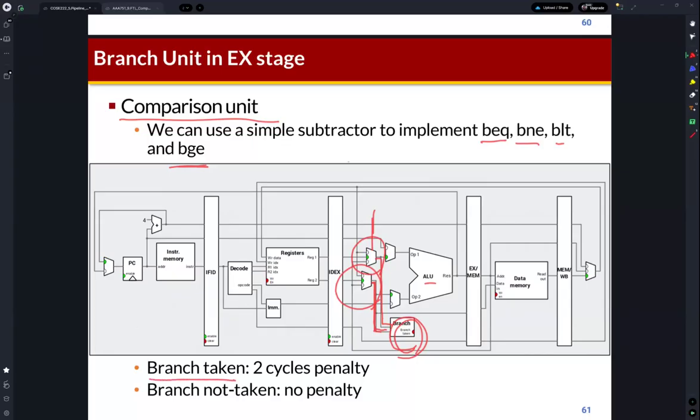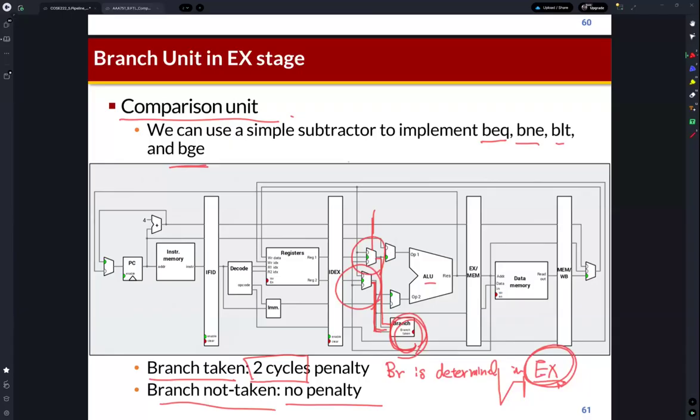The branch is taken. In this solution, when the branch unit is in the EX stage, the branch is determined in the EX stage. Then two cycles are wasted. If the branch is not taken, no penalty. It's just the same.